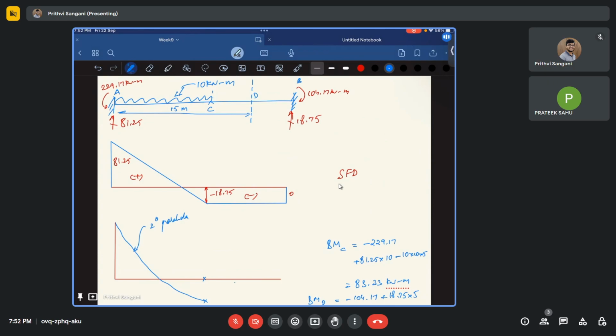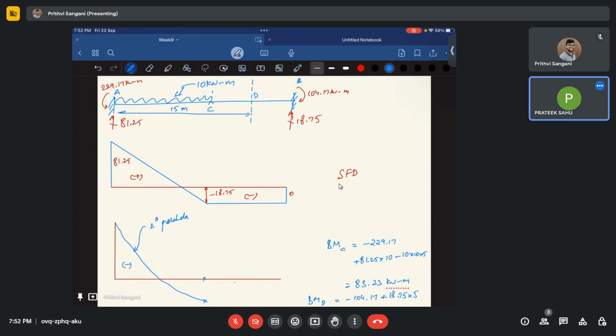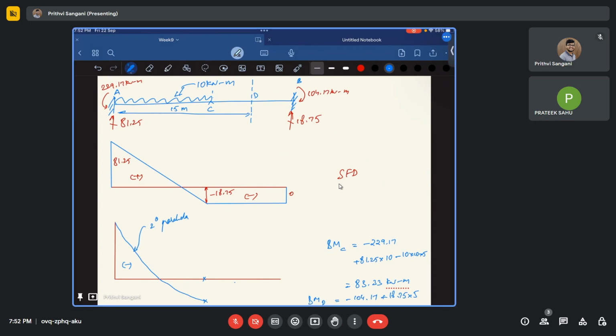So what is going to happen at B? Is it going to be minus or plus at B? Plus, sir. No, B is hogging, right? So it is going to be minus. I'll just tell you what is going to happen. At A, is it hogging or sagging?